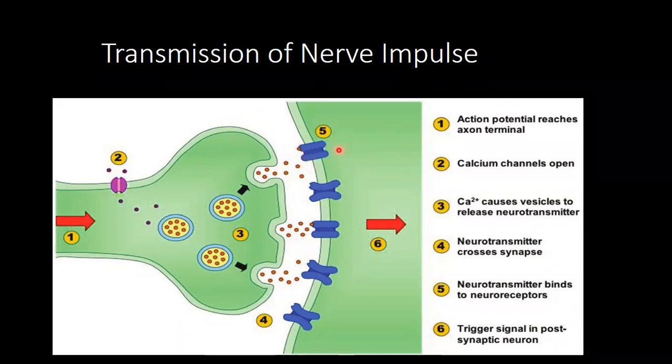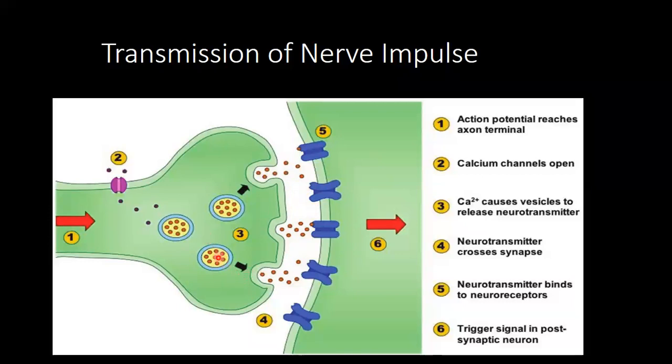Once the calcium channels open, calcium ions enter the presynaptic terminal. Then this calcium causes fusion of the neurotransmitter vesicles with the presynaptic membrane.